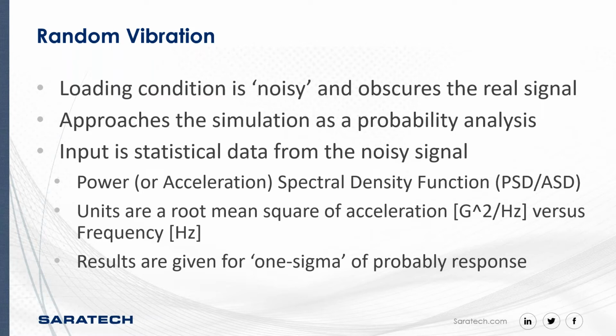Usually you'll see it as g squared per hertz on the y-axis versus frequency on the x-axis. And then the results that we'll get from this type of simulation will be given in the form of 1 sigma of the probable response. So keep that in mind in determining the probability of our max stresses and displacements that will occur based off of this input signal.